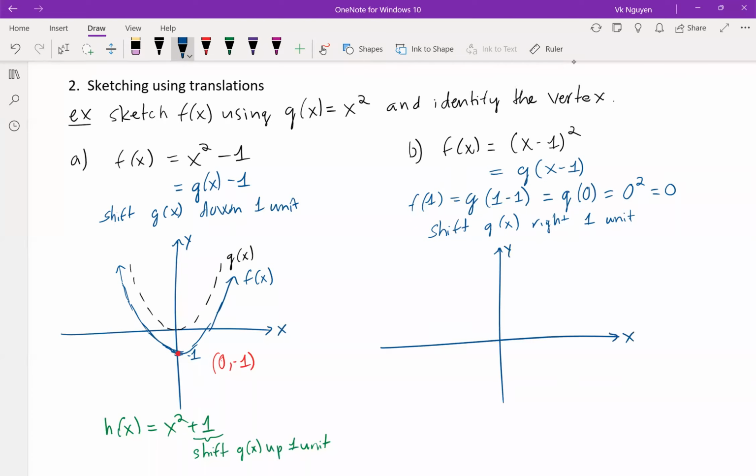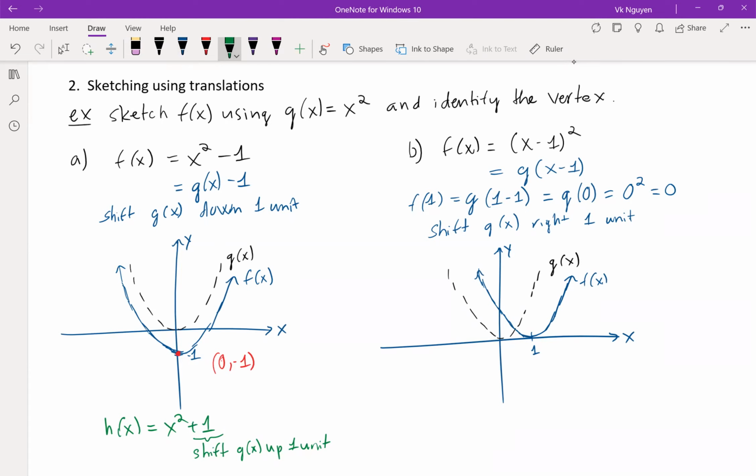So here comes the parabola g(x). f(x), well, we know f(1) is 0, so 1, and it is f(x). Shift right 1 unit.